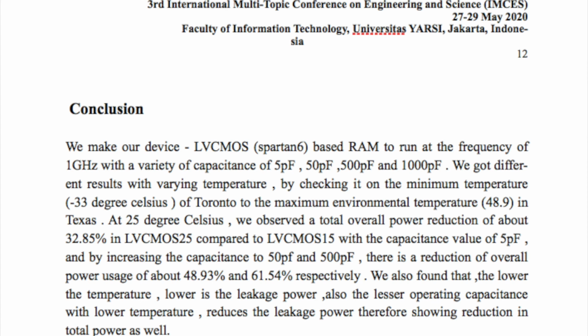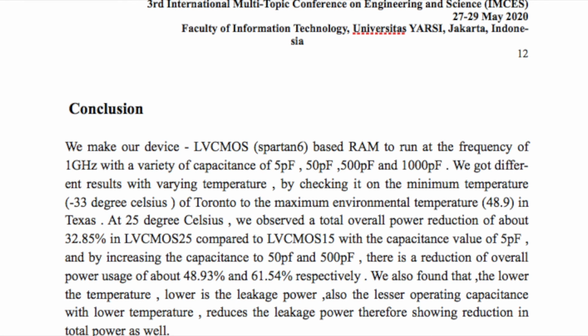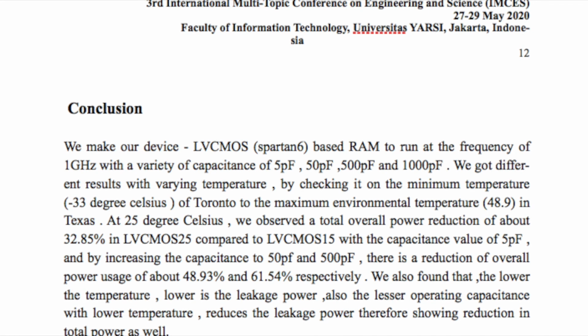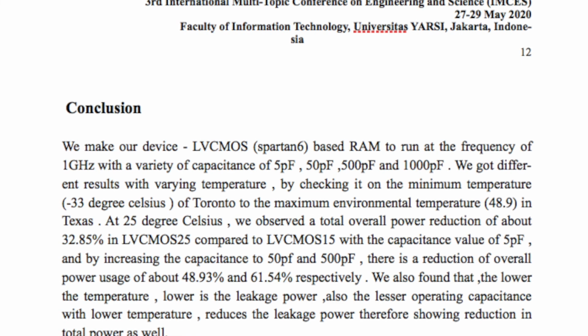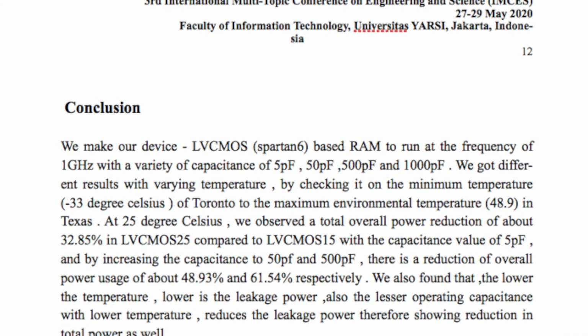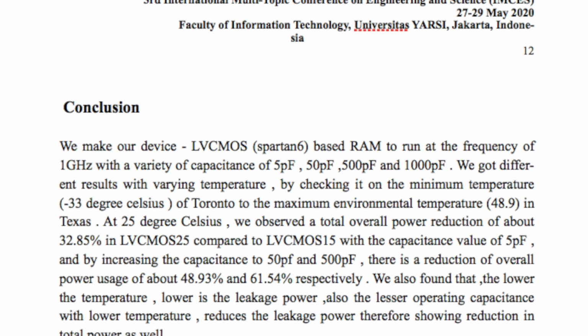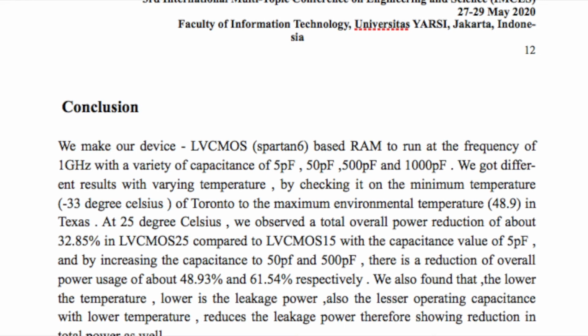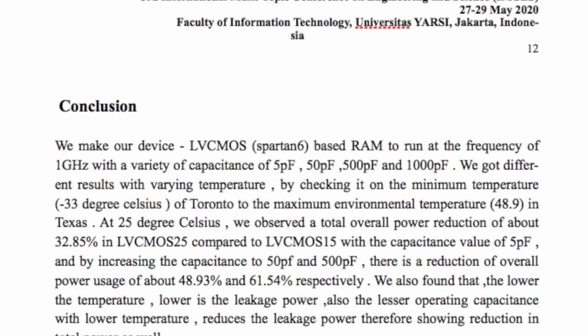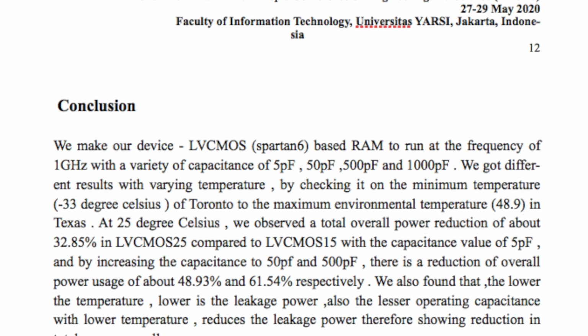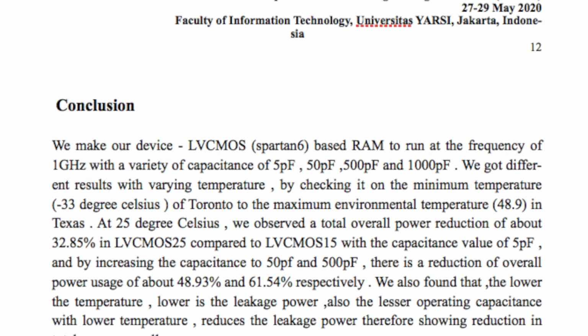Coming to the conclusion, we tested LVCMOS based RAM at different capacitance values of 5 picofarad, 50 picofarad, 500 picofarad, and 1000 picofarad, and got different results at different temperatures. As seen at 25 degrees Celsius, we found that there is an overall power reduction of 32.85% in LVCMOS 25 compared to LVCMOS 15 with 5 picofarad capacitance value.